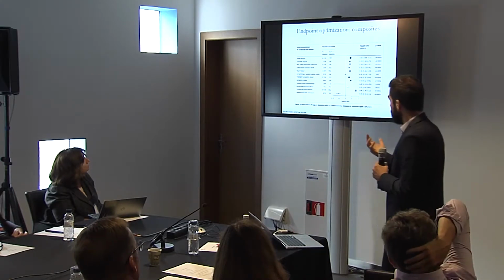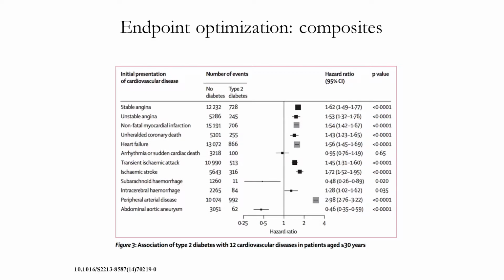And this again is more recent work that we're doing with Harry Hemingway at UCL on disaggregating the initial presentations of cardiovascular disease. This is type 2 diabetes. So the associations are heterogeneous. They range from null to positive to negative.